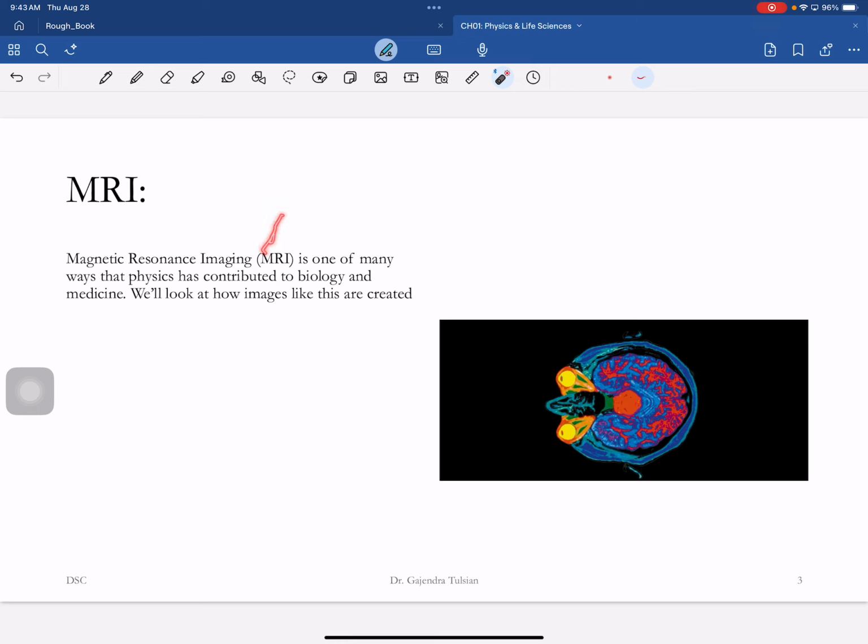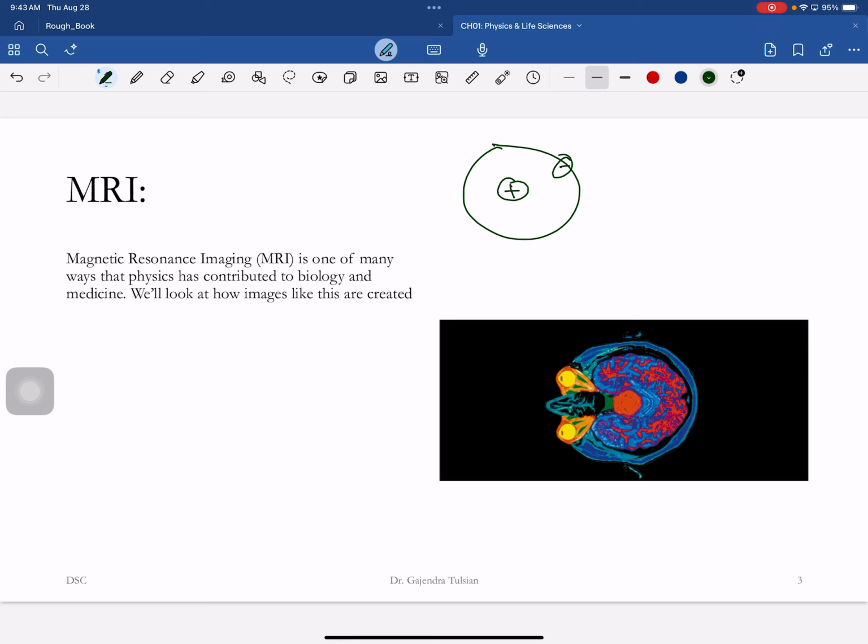So, okay, what is this? Okay, what atom? The hydrogen atom. Okay. So this is a proton. This is an electron.